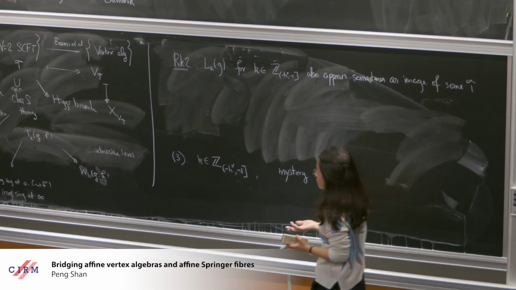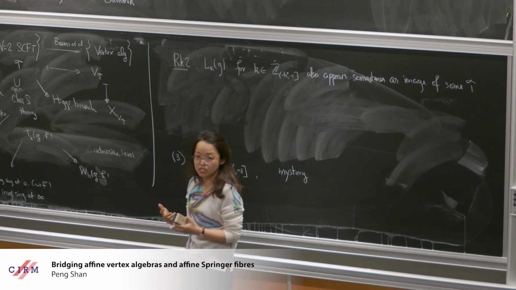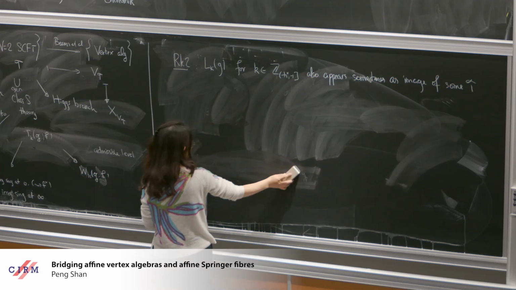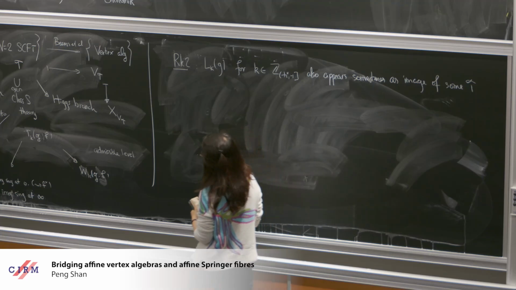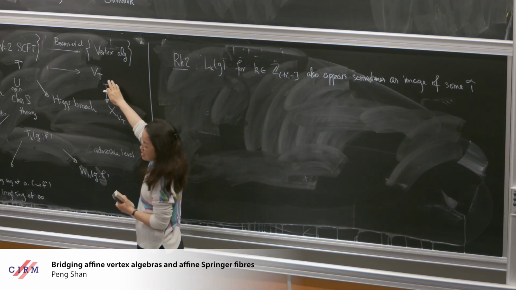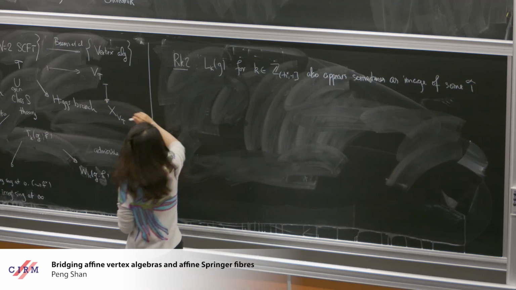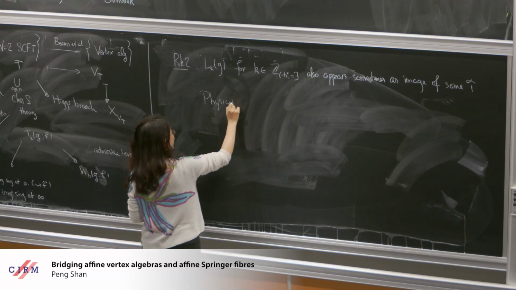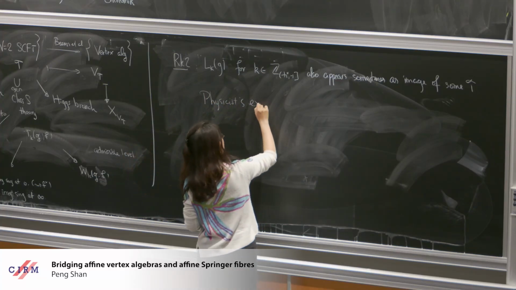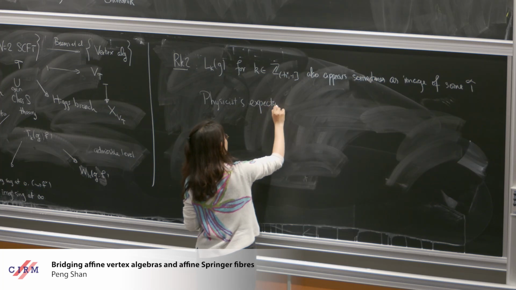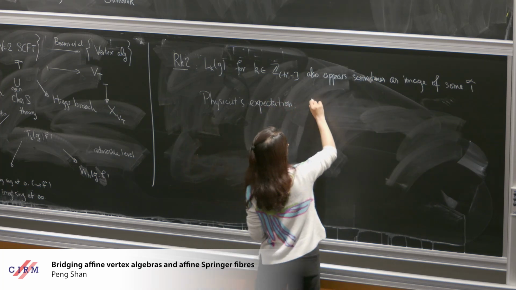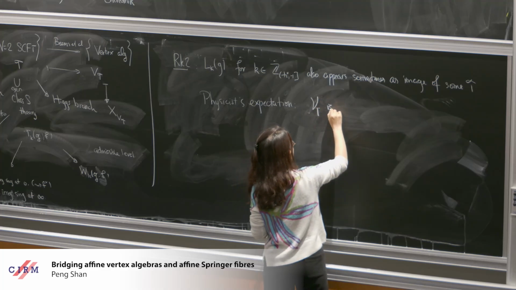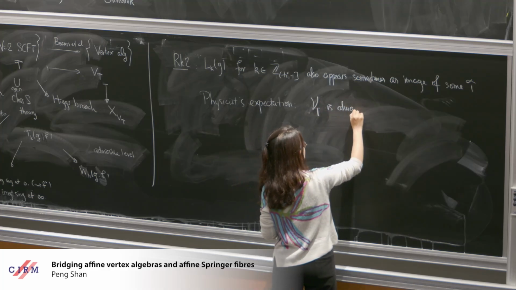So it's interesting to know when a certain L_kG appears as an image of a theory, but somehow physicists say their vertex algebra should always be quasi-lisse. So that's the physicists' expectation, that this V_T is always quasi-lisse.